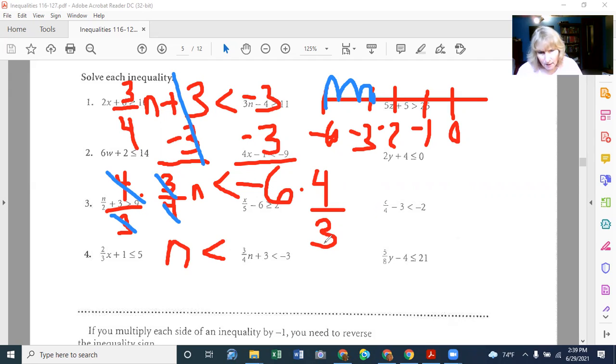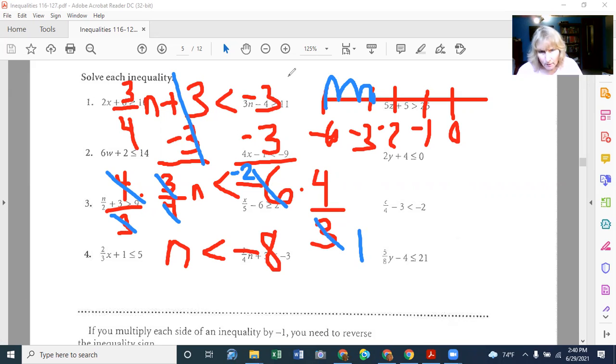So -6 and a 3, they will cancel. So if I put the 3 into -6, I get -2, because 2 times 3 is 6, and the 3 will cross itself out. So now I'm left with -2 times 4, which is -8. So the solution to this is n is less than -8.